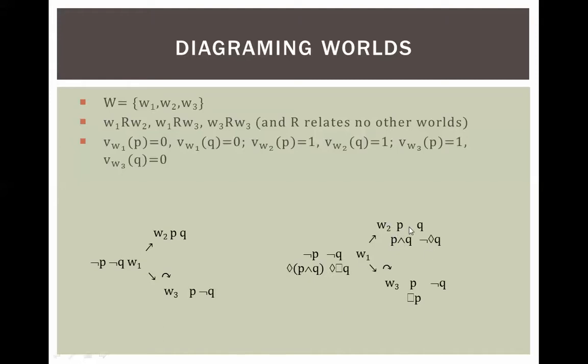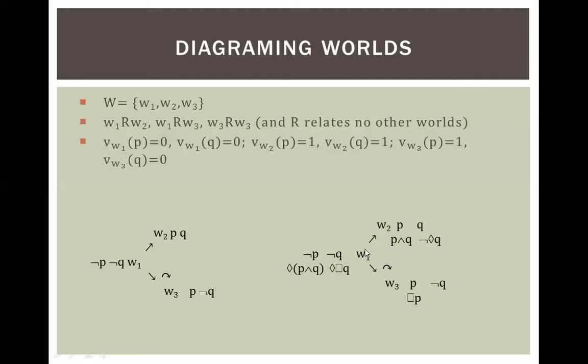So if P and Q are true at W2, then you know that P and Q is true at W2, right? Remember we talked about possibly Q is only true at W2 if there's some world where W2 relates to where Q is true, but W2 doesn't relate to any worlds, so it's not true that possibly Q at W2.